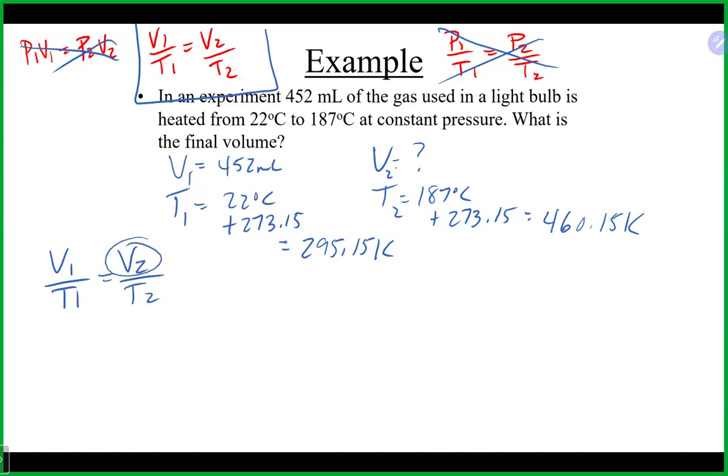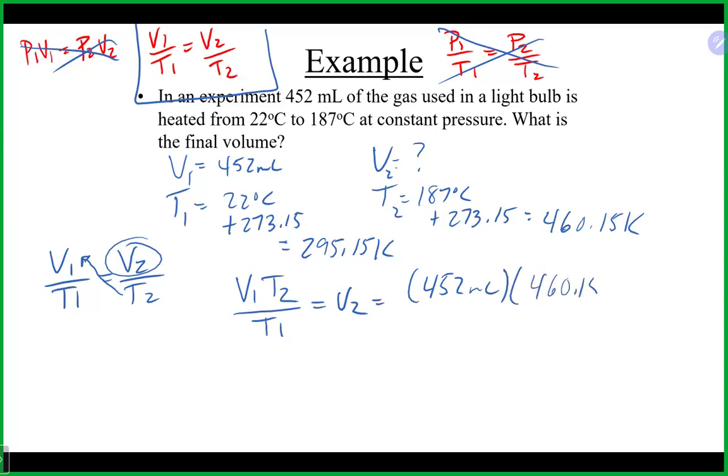So if we take our Charles' law equation here, in this particular case we are solving for V2. Once again, when you move something across the equals sign, it ends up in the opposite location, so that one ends up on top. That gives us V1 T2 over T1 is equal to V2. Popping in our numbers: V1 is 452 milliliters, T2 is 460.15, and T1 is 295.15 Kelvin.